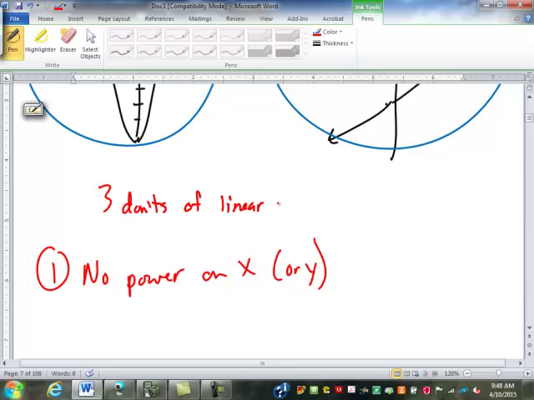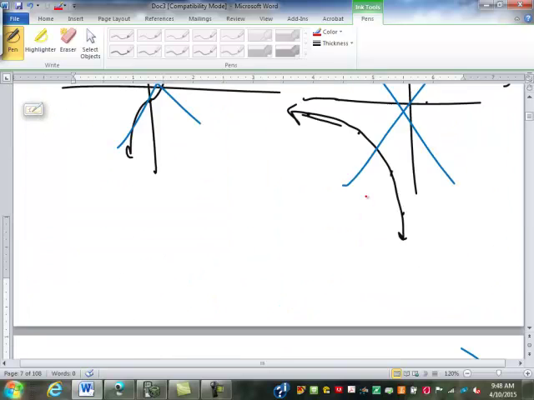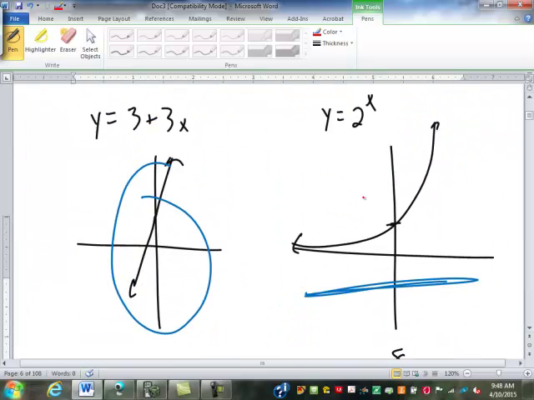Anything else? Let's look at number 6. What's going on there? Yeah, 2 to the power of x. And that one, the variable is the power.